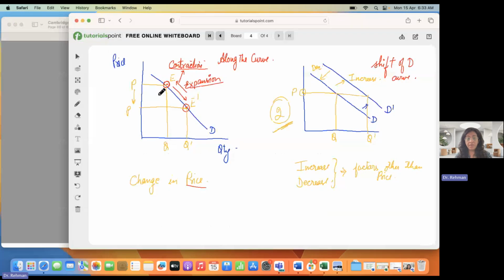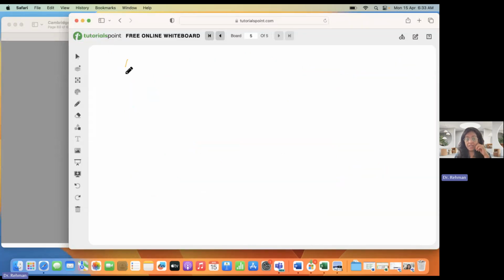What we mean is that in case of normal goods, we see the relationship as the income increases, the quantity demanded also increases. This is what happens in normal goods.